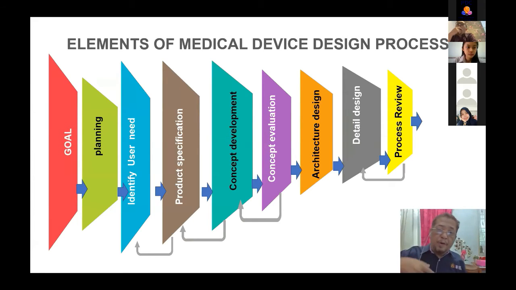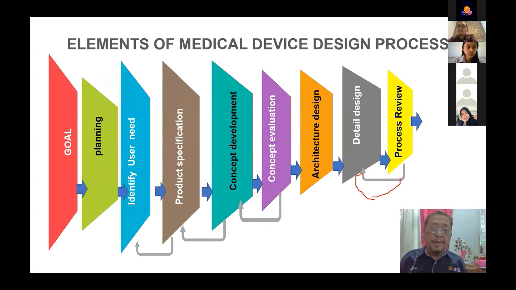So if you look at there, there is a feedback system, right? So there is a feedback system in the process. We'll go back to the detail design, and so these things go back and forth.